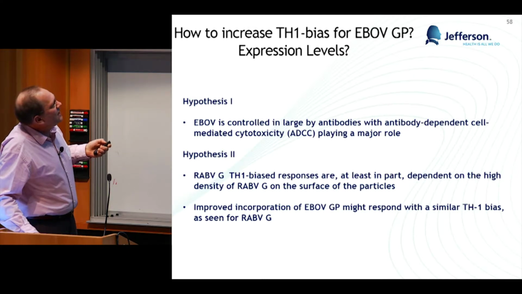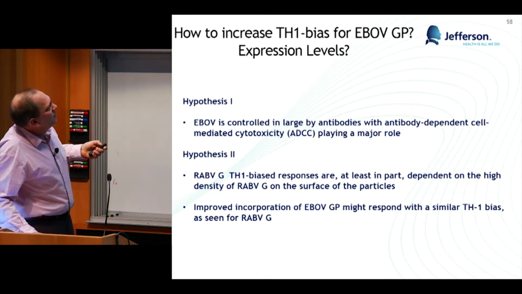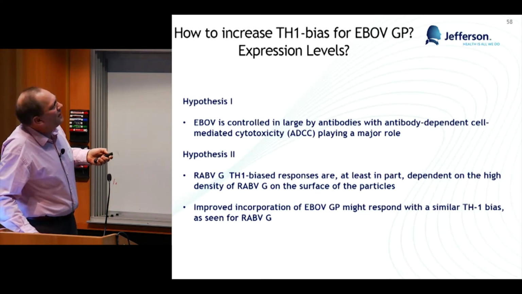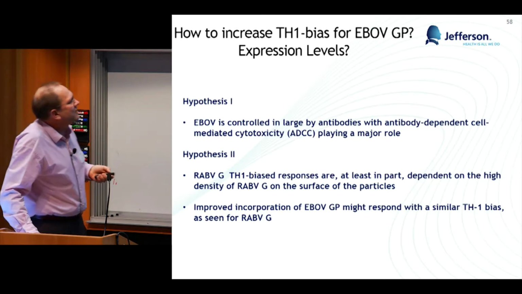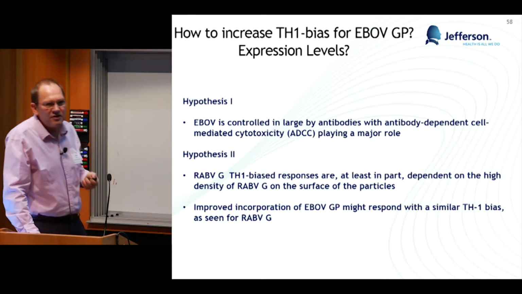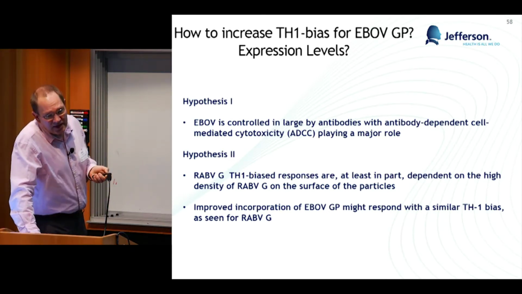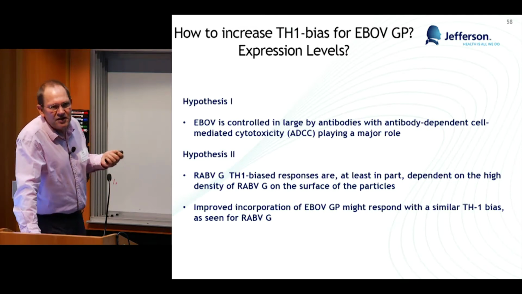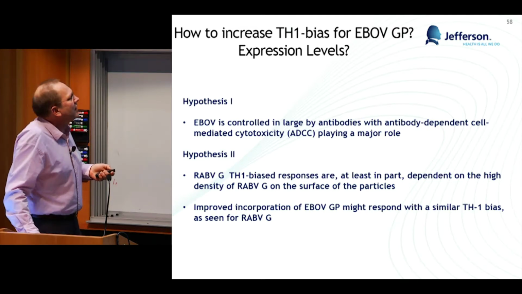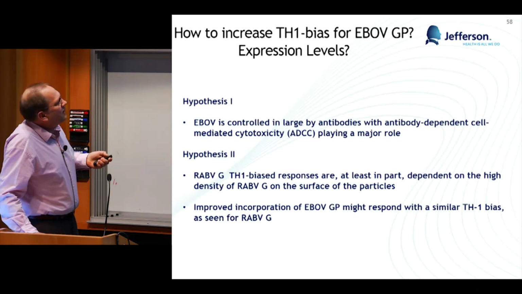So we have 2 hypotheses. One is Ebola virus is controlled in large part by antibody, with antibody-dependent cell-mediated cytotoxicity playing a major role. That's our overall hypothesis. We don't say neutralizing antibodies are not important, but I think you need both neutralizing and non-neutralizing antibody. We know that rabies virus G has a very strong Th1 bias response.